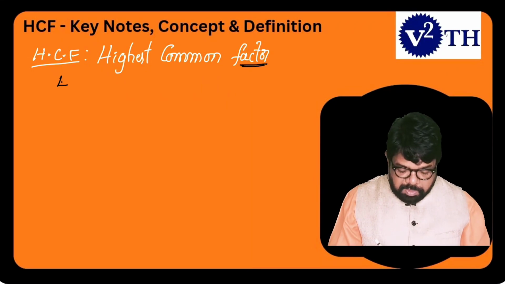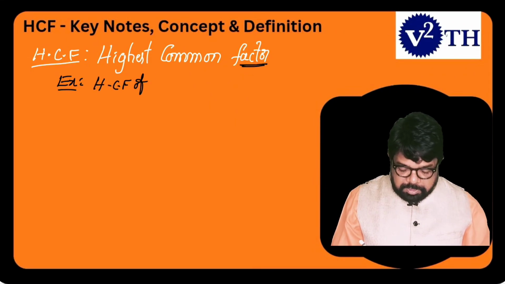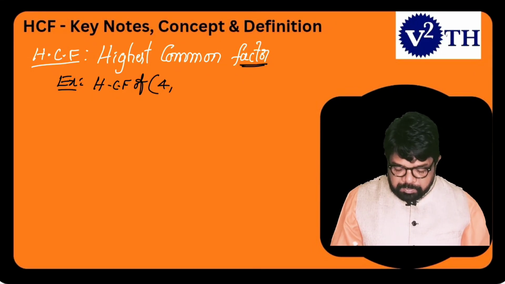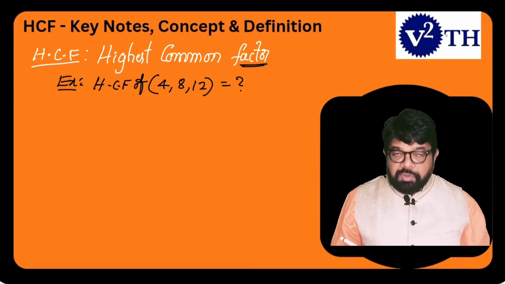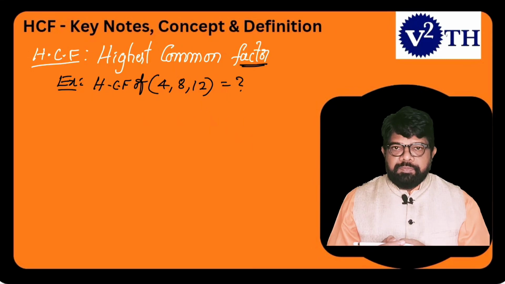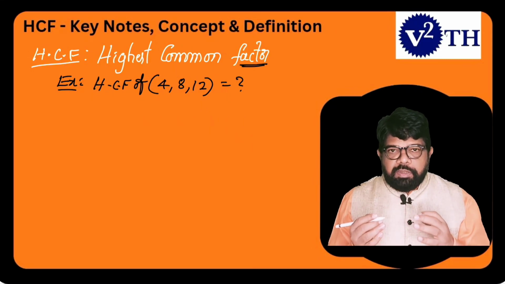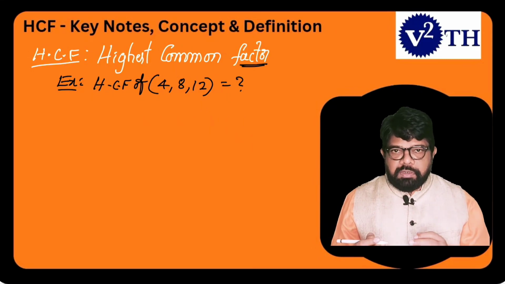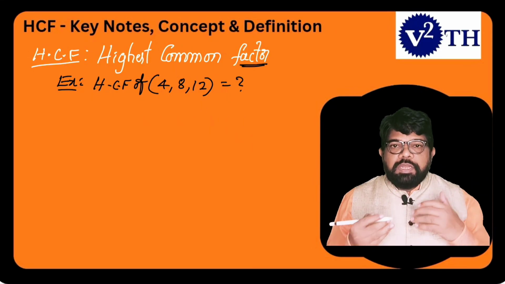Suppose I take one example. How can you calculate the HCF of 4, 8, 12? According to the definition, highest common factor, for the given values you have to take the factors.